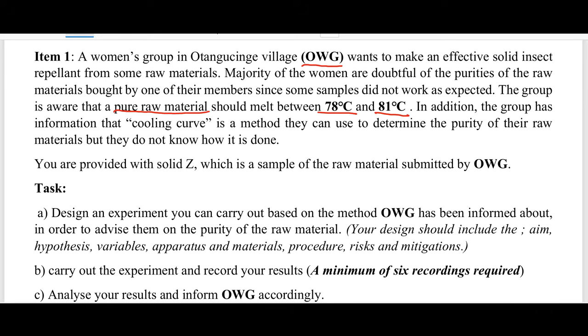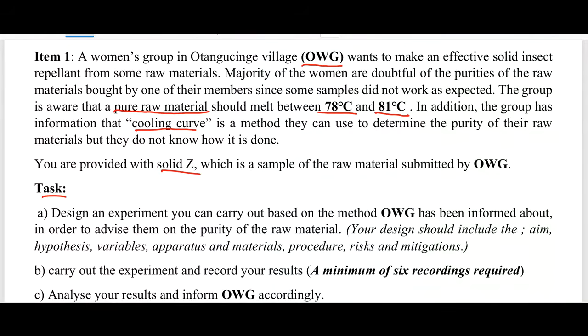In addition, the group has information that a cooling curve is the method they can use to determine the purity of their raw materials, but they do not know how it is done. You are provided with solid Z, which is a sample of the raw material submitted by OWG.